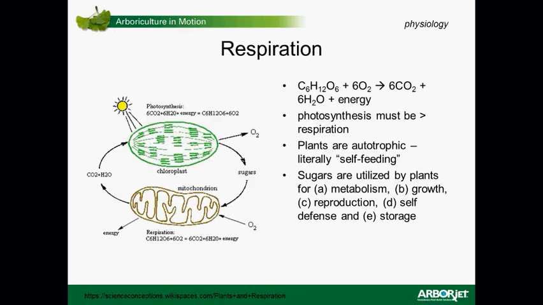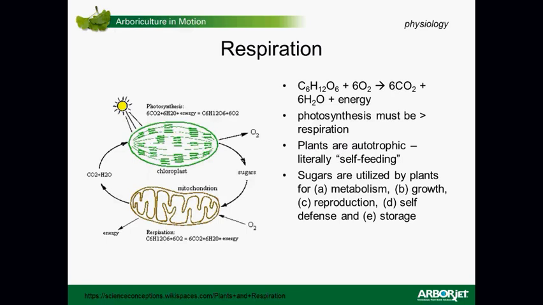But there is this relationship between photosynthesis and respiration. And on balance, photosynthesis has to be greater than respiration for the plant to live. So plants are autotrophic or self-feeding. They have to make enough sugars during the growing season for the 5 basic functions: metabolism, growth, reproduction, self-defense, and storage.